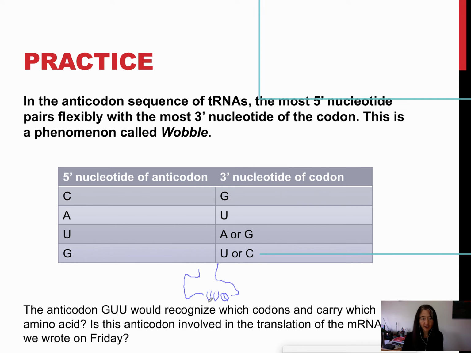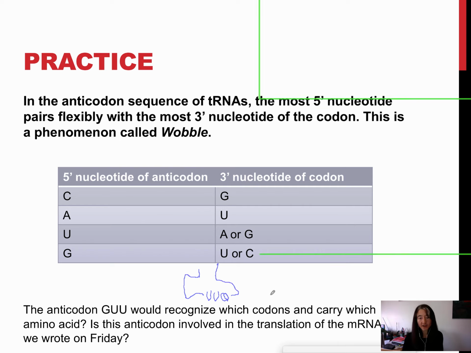And that would then, we know, would pair with, oh, wait a minute. So there's a G, right, in the most 5' position of the anticodon. So it could either pair with a U or a C.